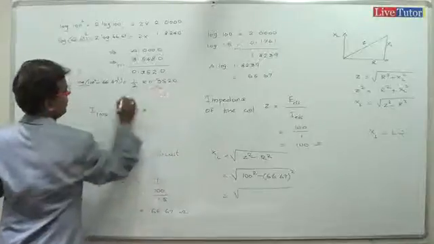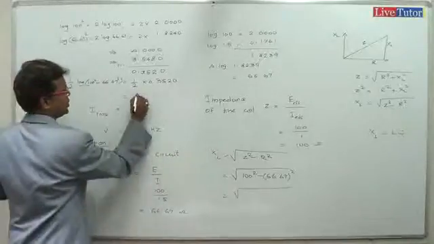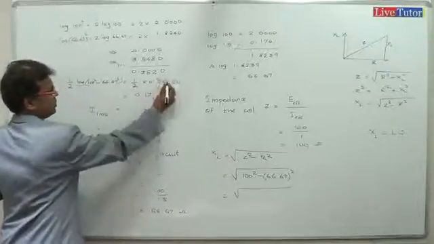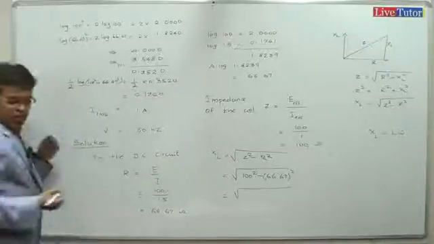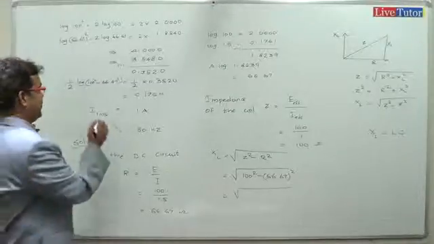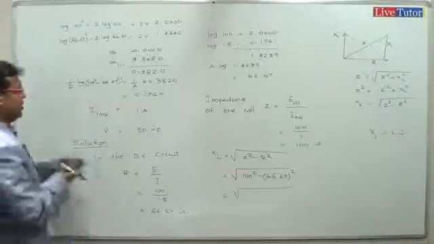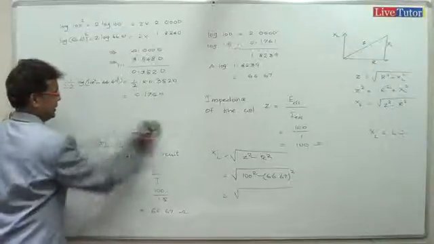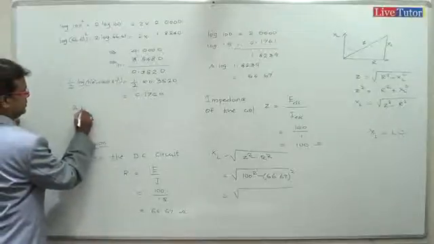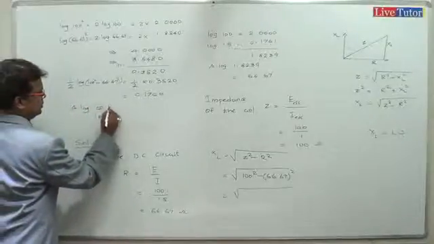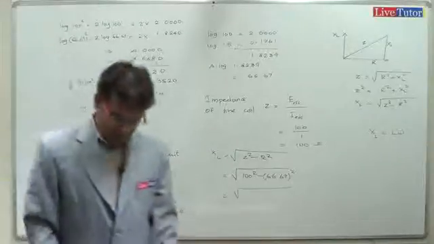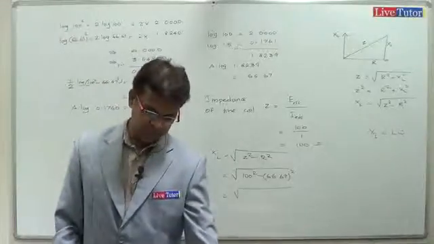You have to divide this by 2. 0.1760. Now we have to take the anti-log. So take anti-log of 1760, how much is that?